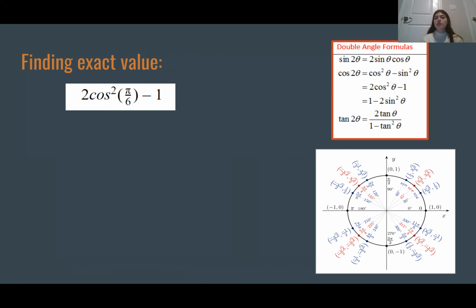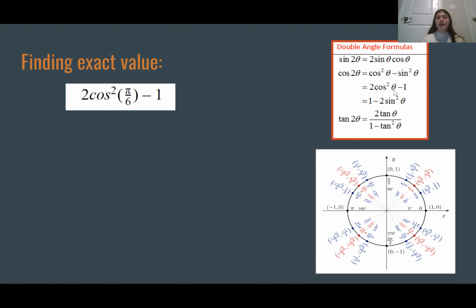Again, we ask ourselves, just like in the past, which identity pairs up with this? We've got 2 cosine squared minus 1. Which one is that? Oh, here it is. Surprise, it's almost like I knew. We've got 2 cosine squared theta minus 1. That's exactly what this is.